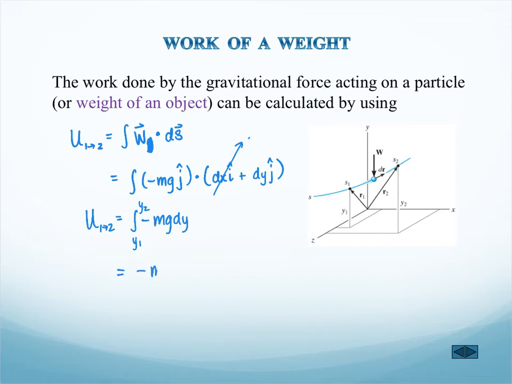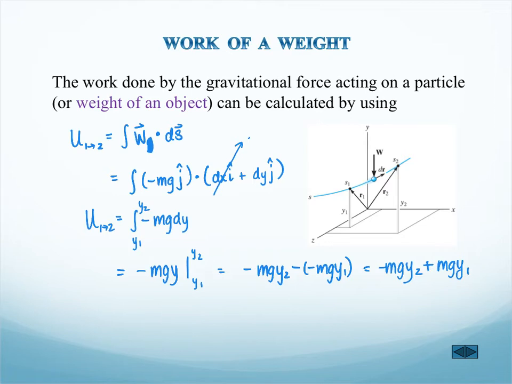If we integrate this, it'll be minus mgy evaluated at y1 and y2, which will give us minus mg y2 minus a minus mg y1, which we could write as minus mg y2 plus mg y1, or we could write the work done by gravity in going from point 1 to point 2 as mg y1 minus mg y2.